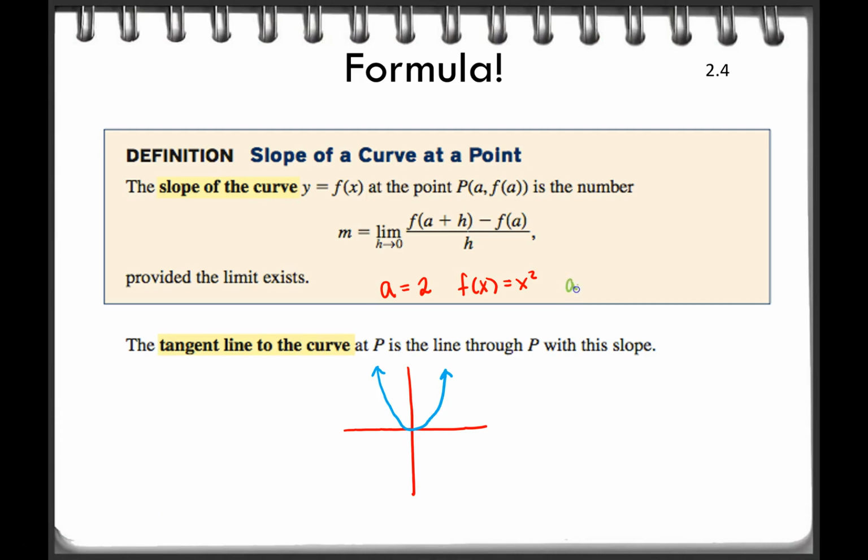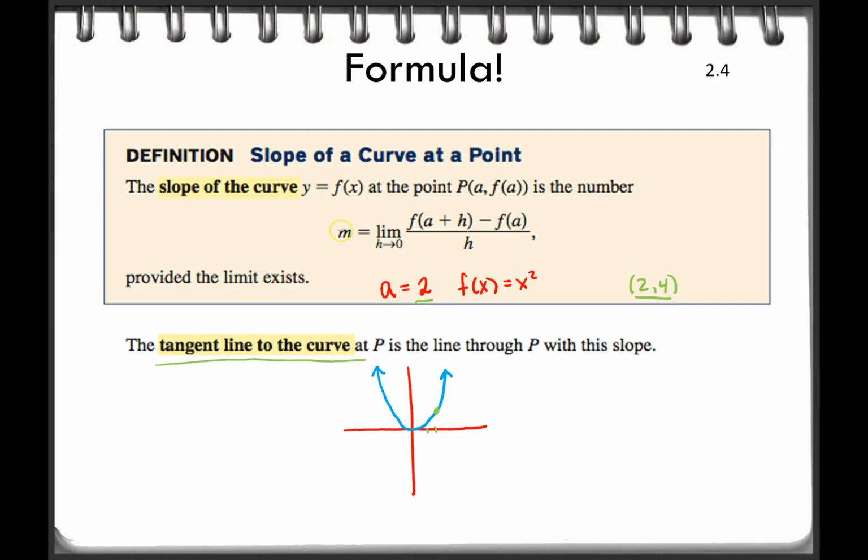Well, if I have a equals 2, that means I plug 2 into here and I get 4. So I've got the coordinate 2 comma 4. So for a equals 2, I have the point 2, 4, which is roughly right here. So what does this formula find? Well, it finds the slope of the tangent line.